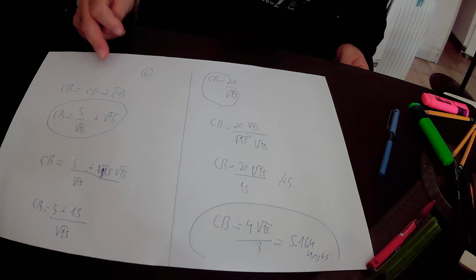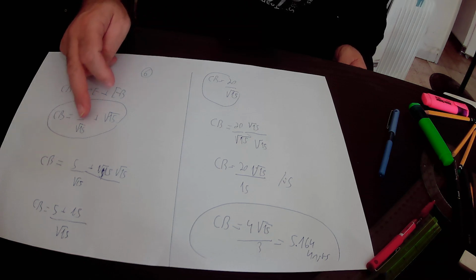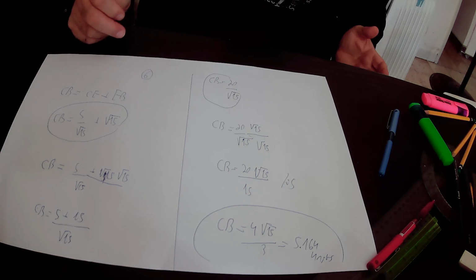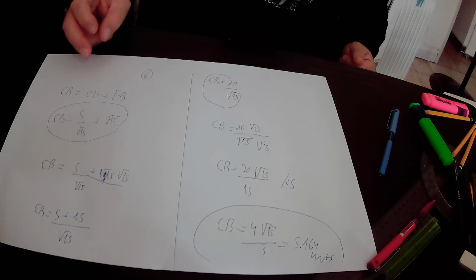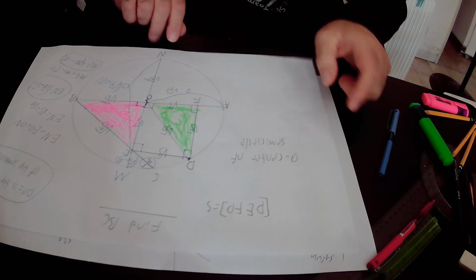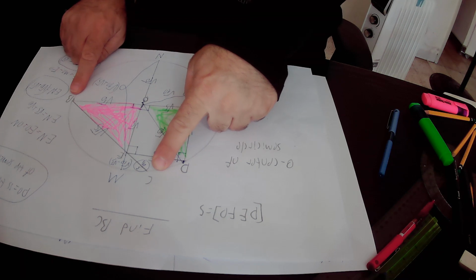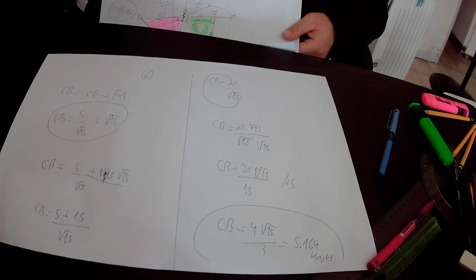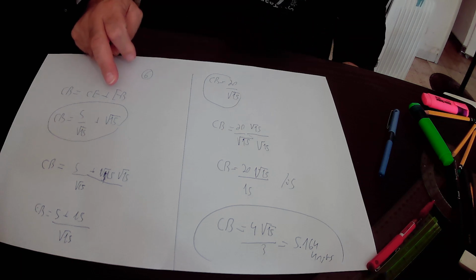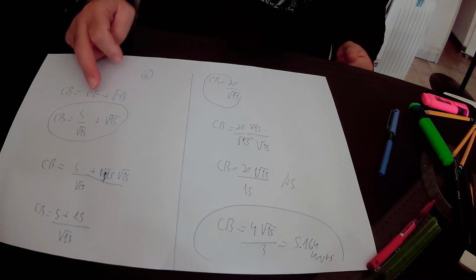We have already found that CE equals 5 over square root of 15 and EB equals square root of 15. So the length of the chord CB equals 5 over square root of 15 plus square root of 15. Here we simplify this expression.